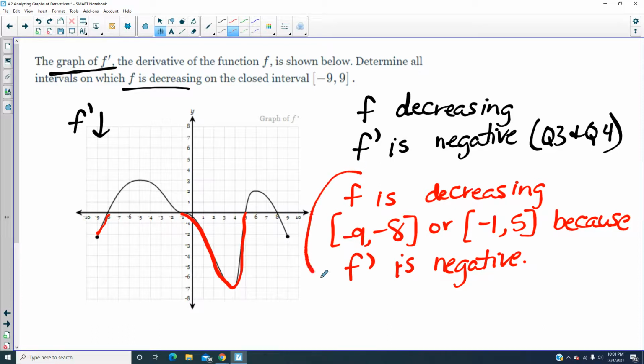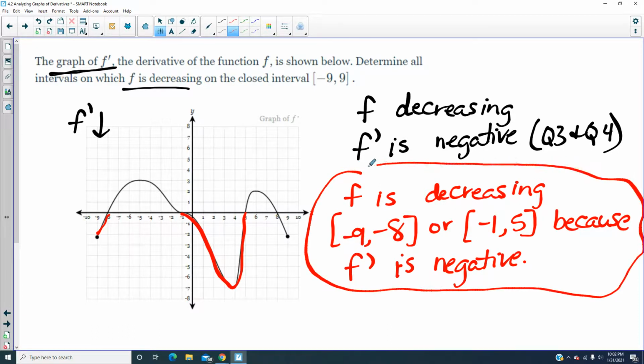There is my solution. I know that f is decreasing on those intervals because that's where f prime is negative.